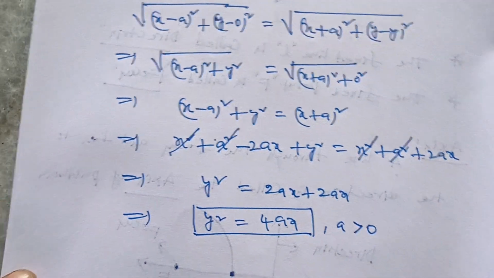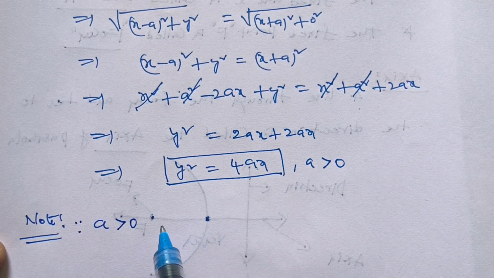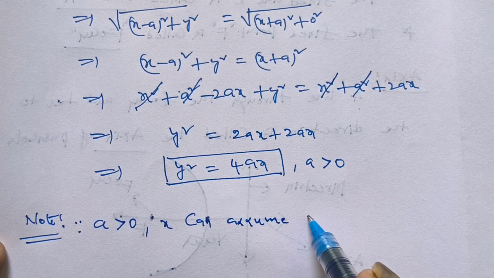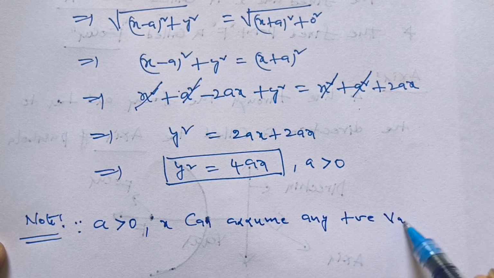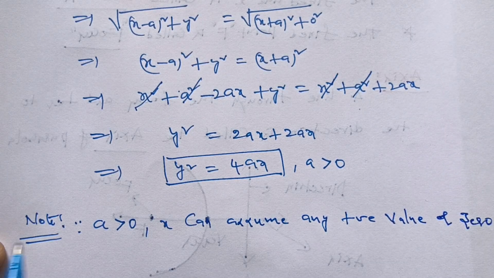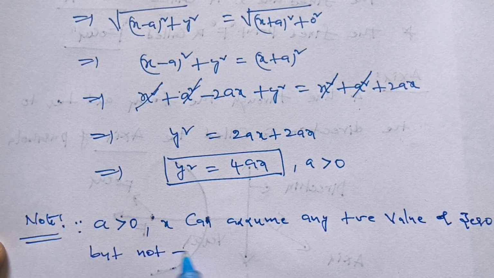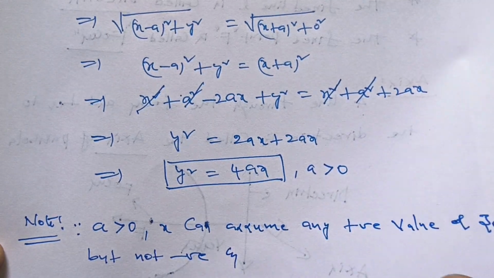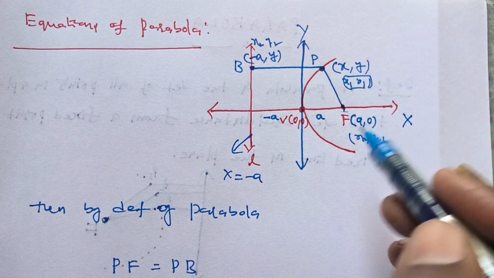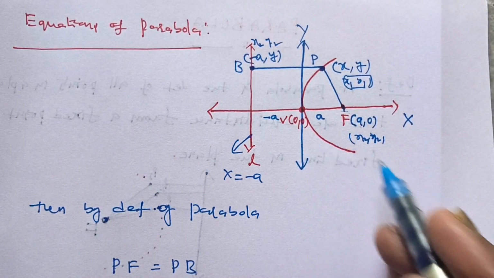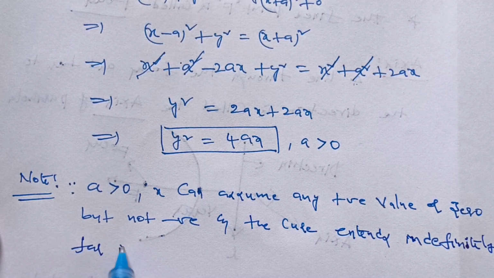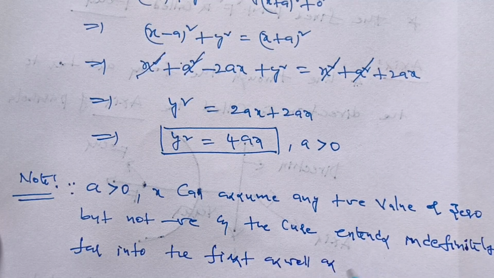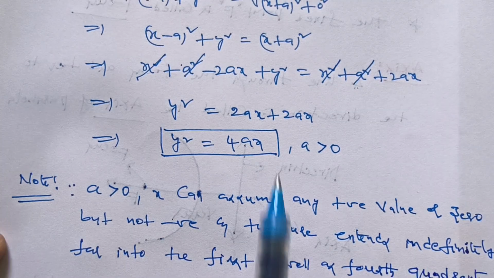We conclude that, note, since a is greater than 0, x can assume any positive value or 0 but not negative, and this curve extends indefinitely in the first quadrant as well as the fourth quadrant. The axis of the parabola is the x-axis.